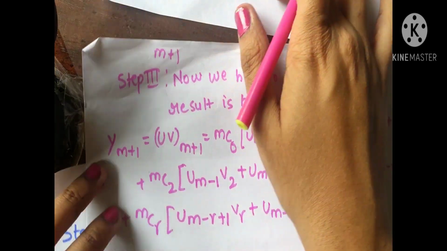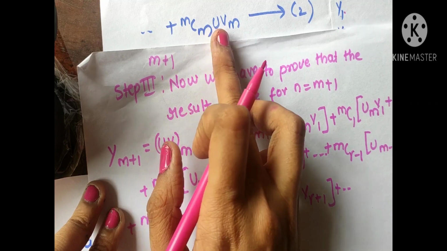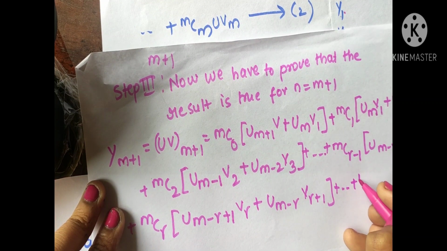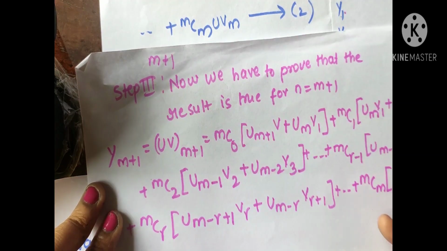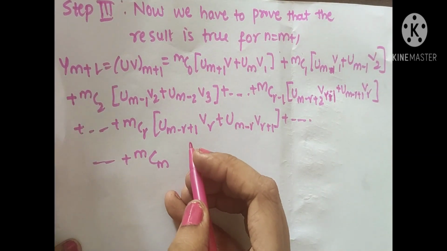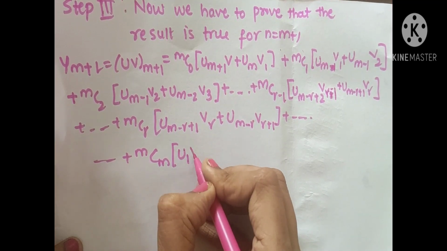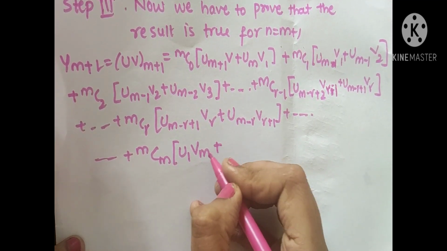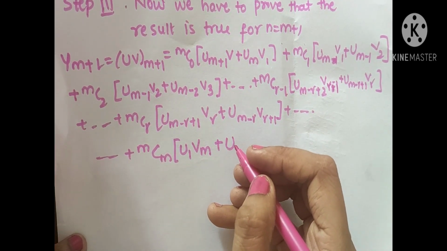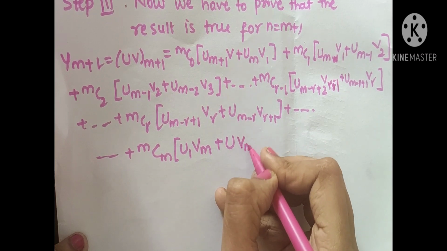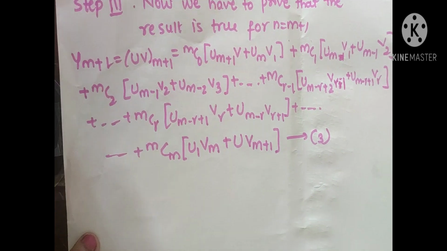So on. Last term mcm uvm. So mcm, differentiation of u is u1, keeping vm as it is, and keeping u as it is, and differentiation of vm is what? vm plus 1. Consider this as equation 3.